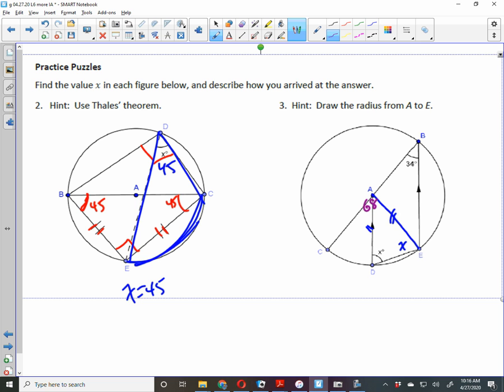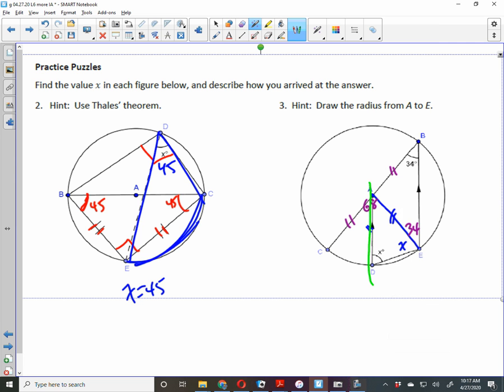The question now is, let's see, where am I looking? Can we show that all radii are congruent? Okay, and that's true. So let's take a look at this. We know this is also 34, right? We're looking at parallel lines.